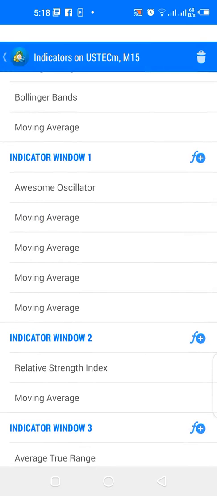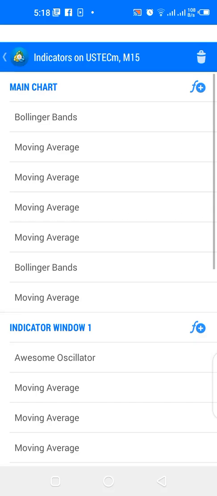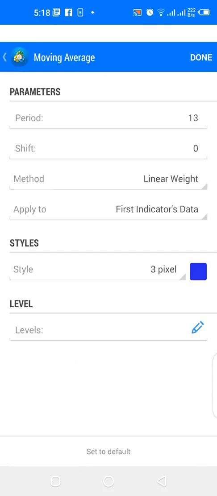The third moving average is 16 period. Method is linear weight, apply to first indicator's data, and the color is green. And the fourth one is 13 period. Method is linear weight, apply to first indicator's data, and the color is blue.